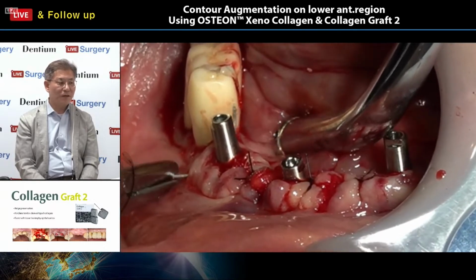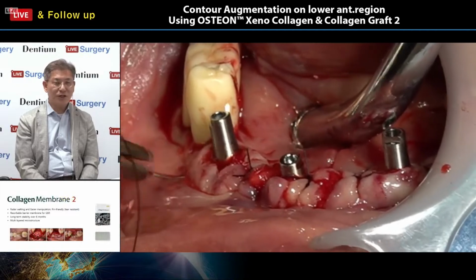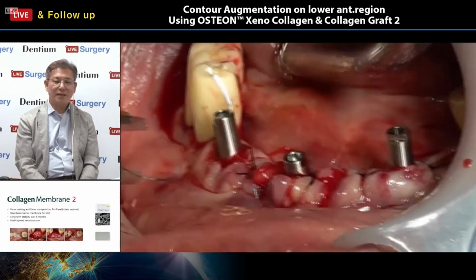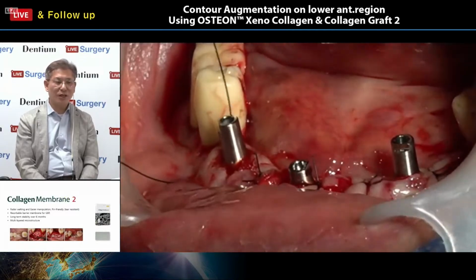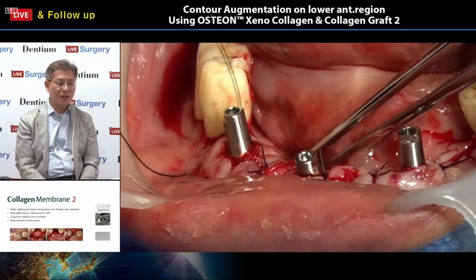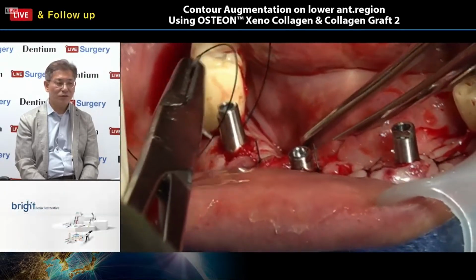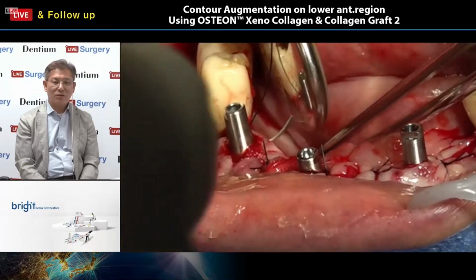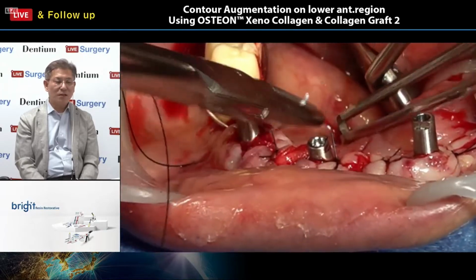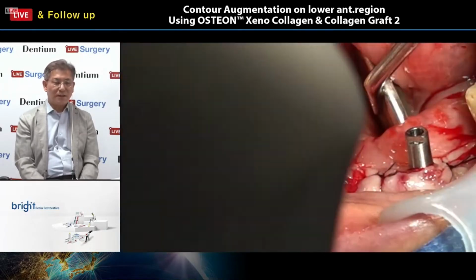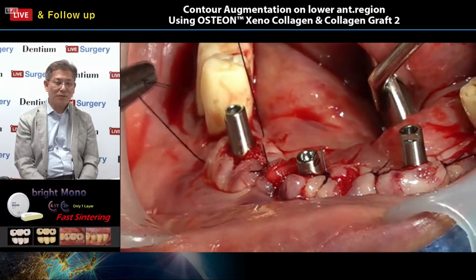When you have a gingival surgery or connective tissue graft surgery, you can use this collagen graft instead of connective tissue from the patient's palate.